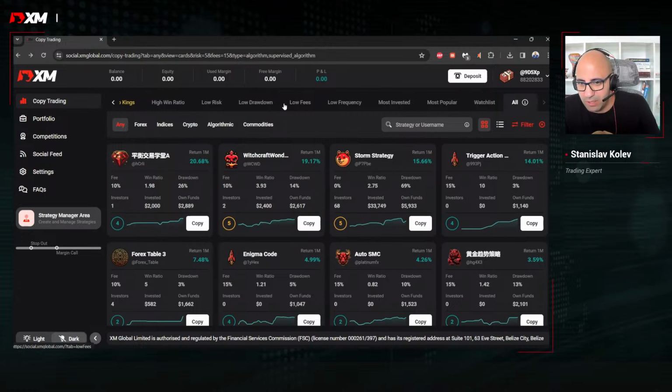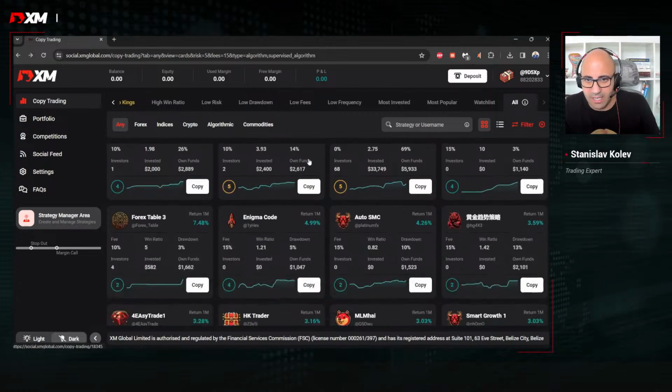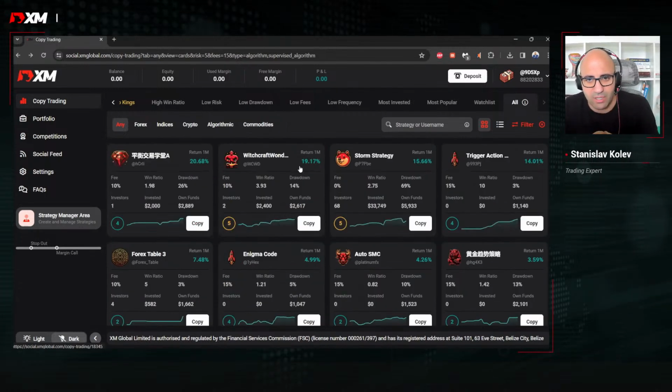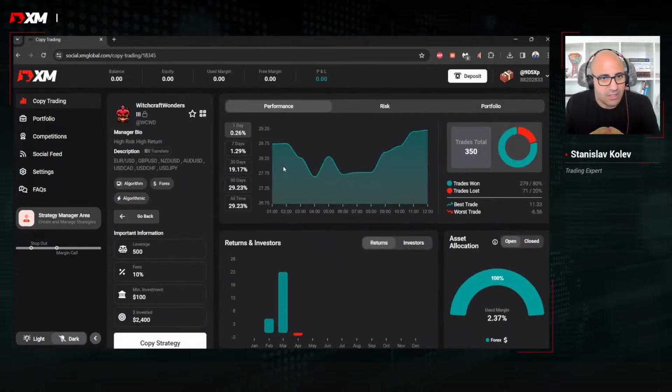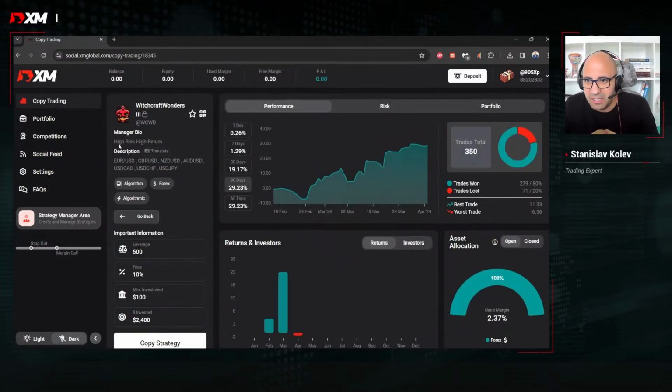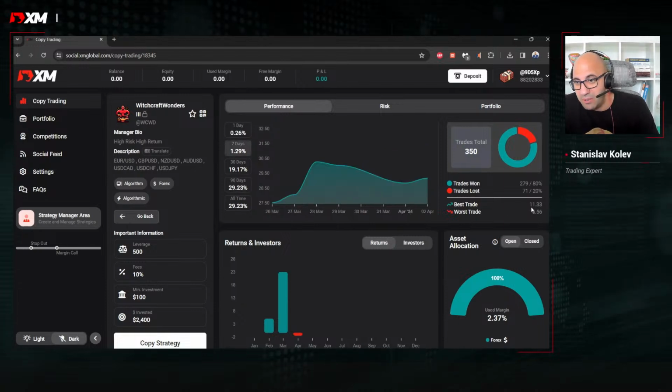So we get back and we're going to find another person. Let's check the next one. Let's click on the second one. On the second one, high risk, high return, but at the same time, the drawdown was not very much. His best trade is $11, worst trade is -6. So it's all about 1 to 2 risk to reward.